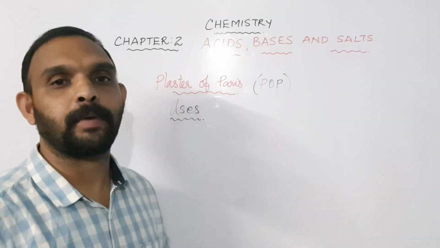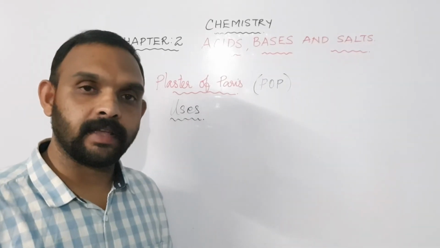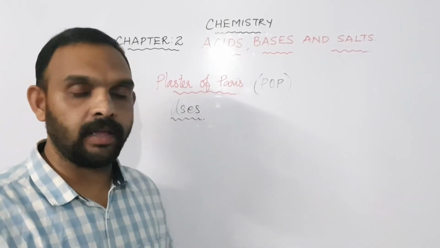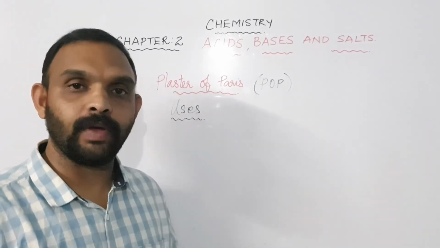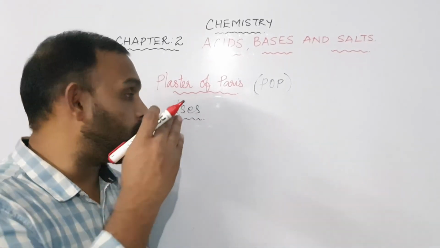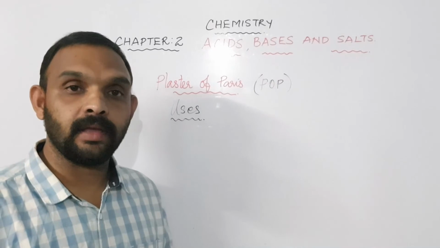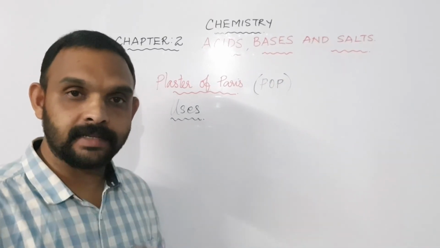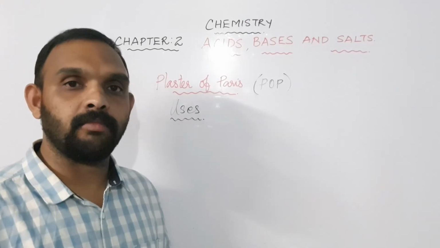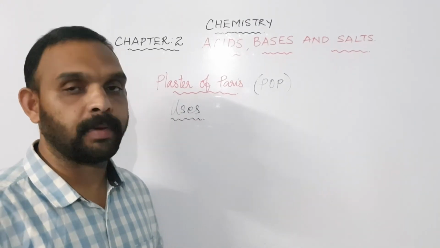Now the uses of plaster of Paris. Plaster of Paris has many uses. We know some of them. It is very common for all of us, because plaster of Paris is used for preparing statues, models, etc. We can see in and around us so many models prepared of plaster of Paris.